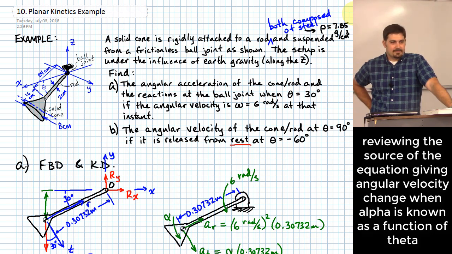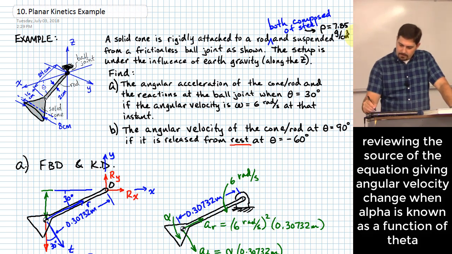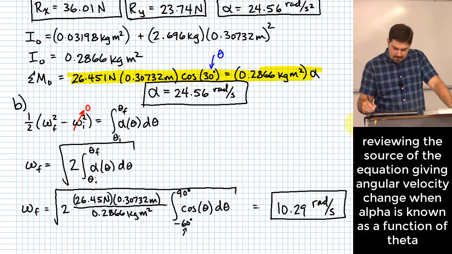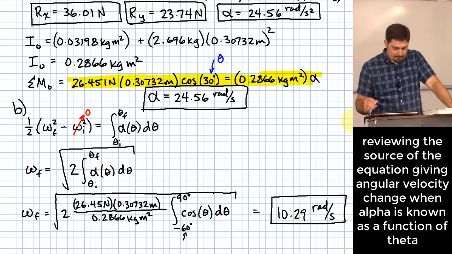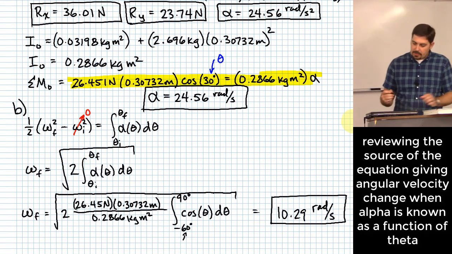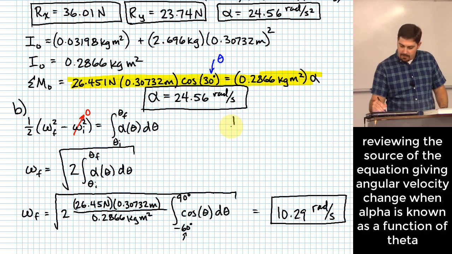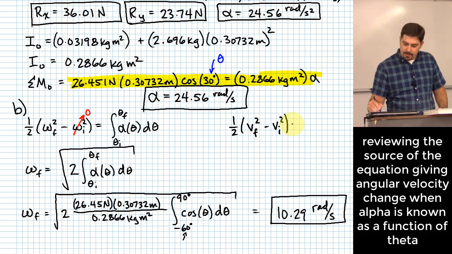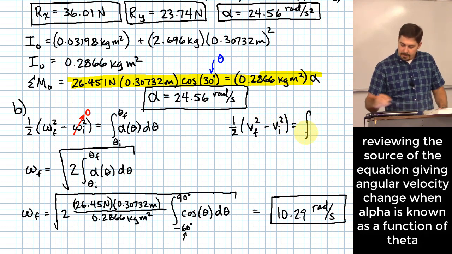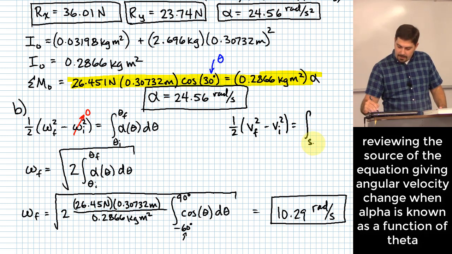And then I had another question. Where did you get that equation again? The half omega squared? That's one of our basic equations. What it corresponds with is that 1/2 final velocity squared minus initial velocity squared is equal to the integral from an initial position to a final position of acceleration as a function of position, or displacement, I really should say. I'm using i and f here. Sometimes it uses 0.